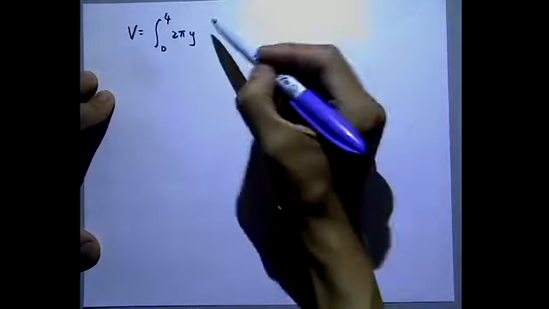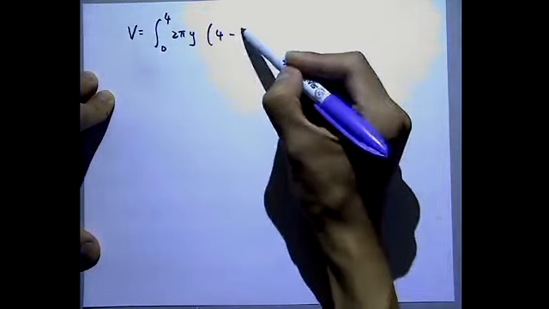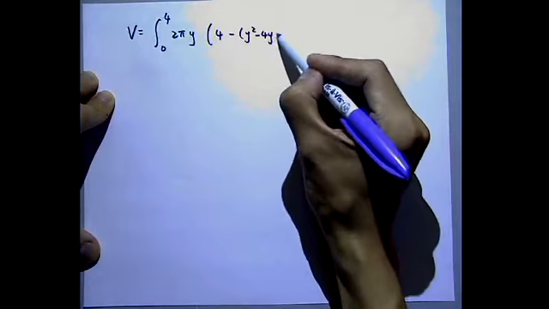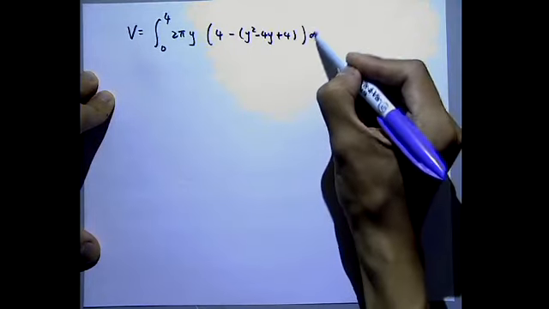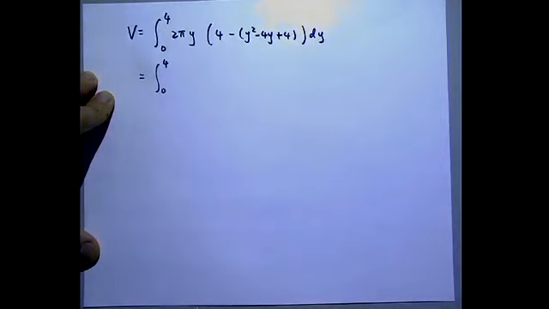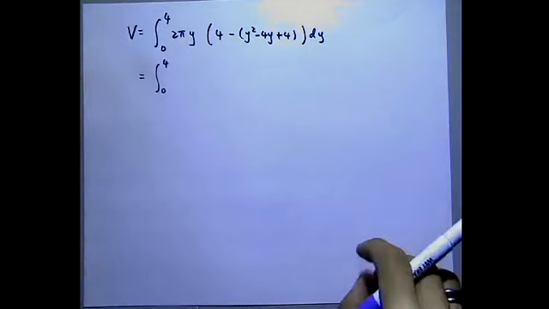All right, so what do we have? We have 4 minus the quantity of y squared minus 4y plus 4 dy. What's that?